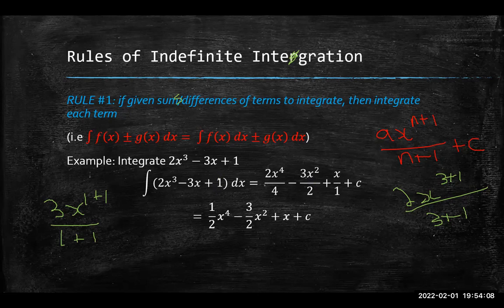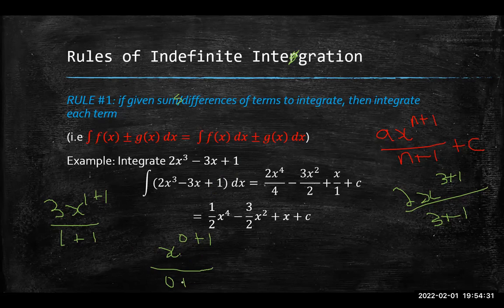Then you integrate the 1. Remember from the laws of indices, anything raised to the power of 0 is 1. So by saying 1 here, I'm implying x to the power of 0. X to the power of 0, according to my rule here, I add 1, and then I divide by this thing here.